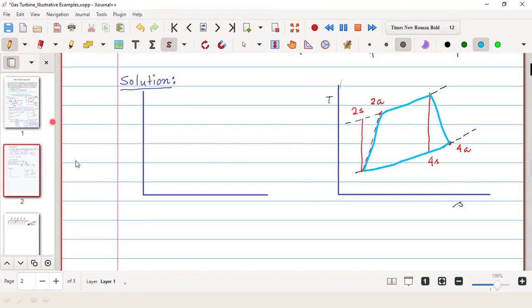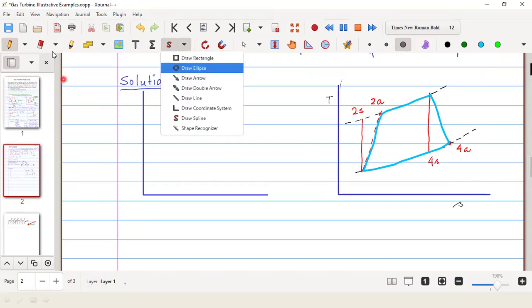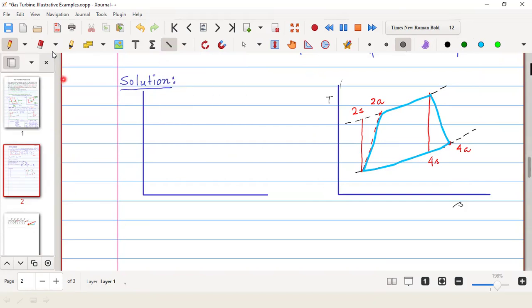Now we can draw the same in the PV diagram. So 1 to 2.